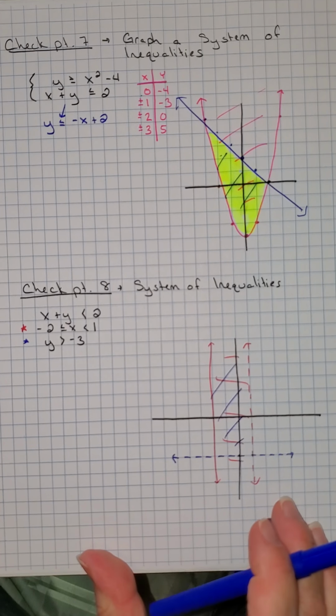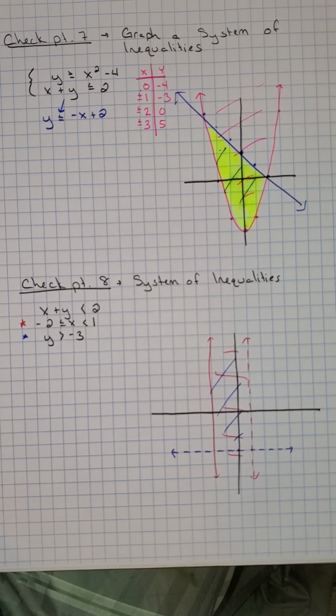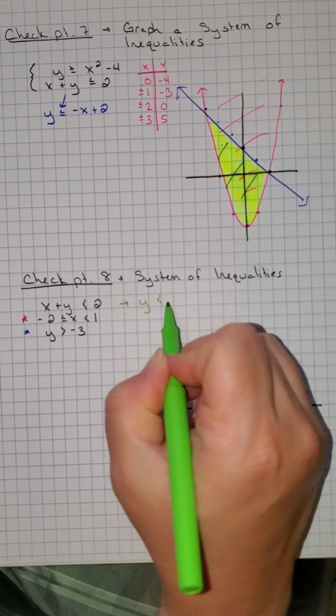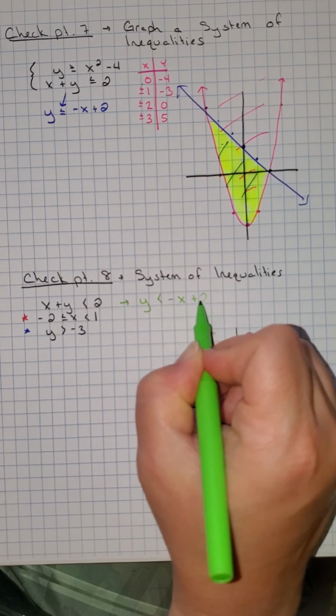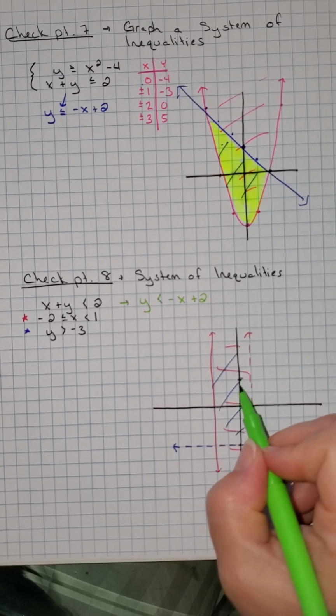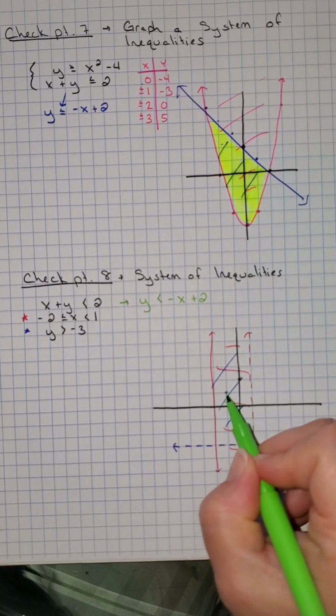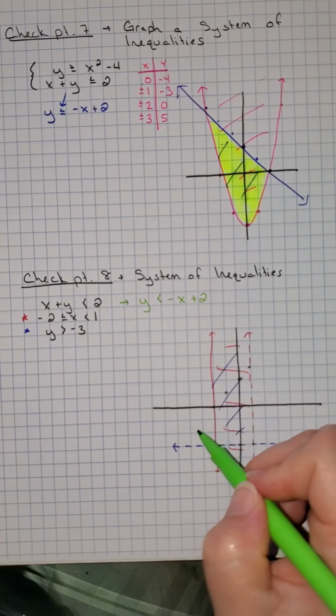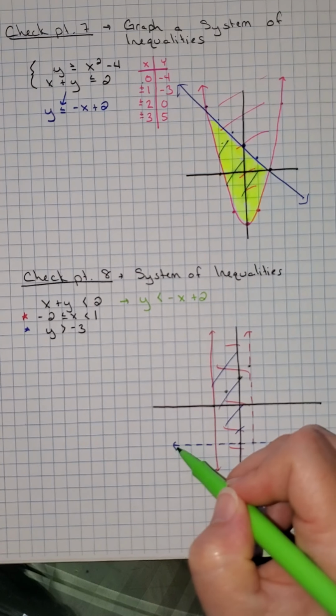Now we're restricted to that. And then we have one more equation, which I would solve for y, making it y is less than negative x plus 2. So start at 2. Slope is negative 1, down 1 over 1, or up 1 over 1. It's less than, so it'll be dotted.